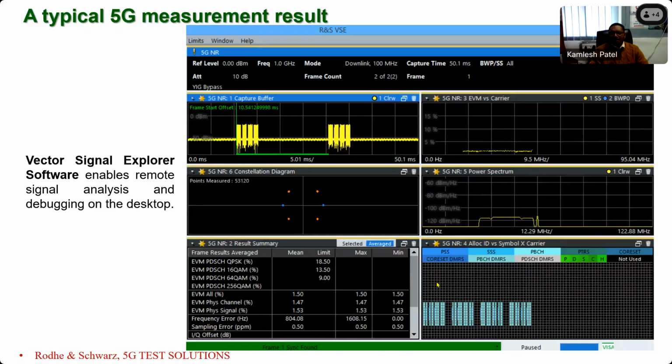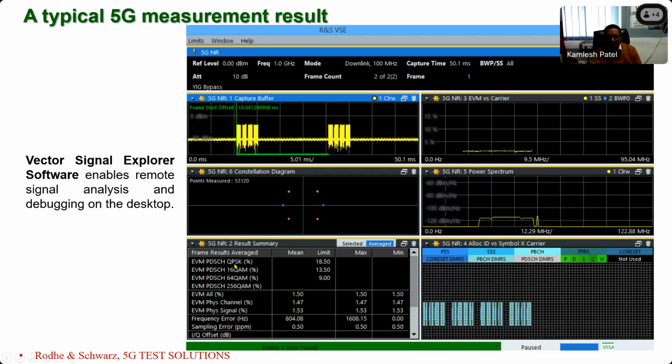And again, the power sensor is connected to software. The software will give you different values of data. It can also give you the 5G NR signal, that is the amplitude of the signal with respect to time. What is the constellation diagram? That means with respect to the phase, how the signal is changing. It also gives a very important parameter, that is error vector magnitude, for different modulation signals.